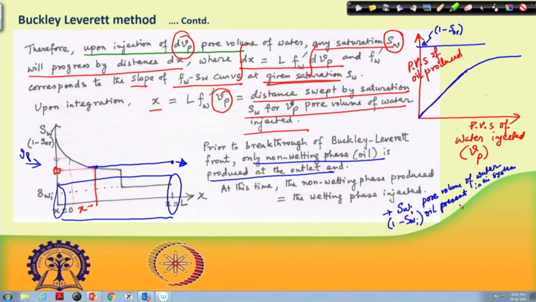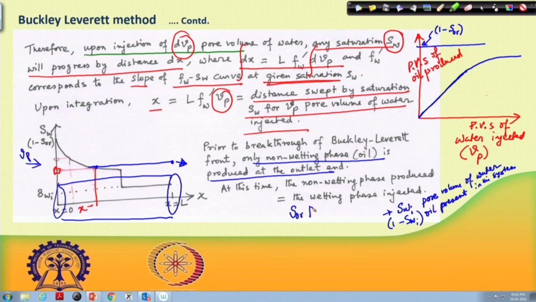And at the end, when this place is completely flooded with water, we still have to leave some amount of oil, and that oil is the residual oil, known as SOR. So at that time, what would be the fraction of oil remaining in the system? That is SOR.